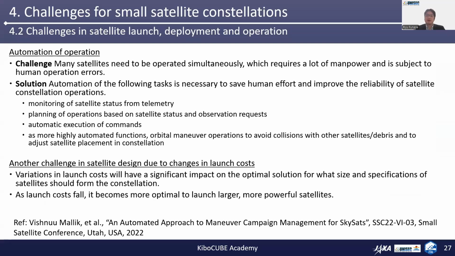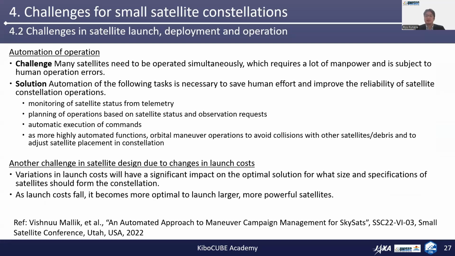Satellite operations require a large number of satellites in a constellation to be operated simultaneously, which demands a large amount of manpower and is highly prone to human error. To solve this problem, it is necessary to automate these tasks to save manpower and improve the reliability of satellite operations.